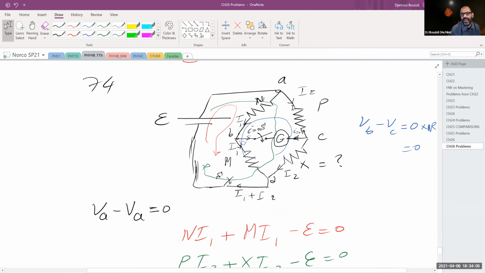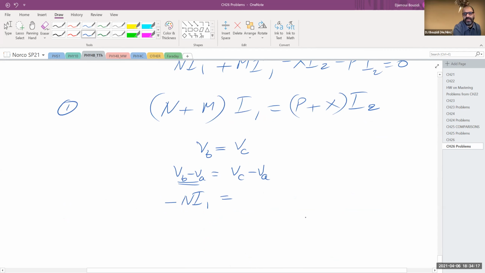The current is raining this way. Since it's raining this way, C is lower potential than A. So the drop in potential is going to be minus P times I2. So this is minus P I2. Okay, this is equation number 2.